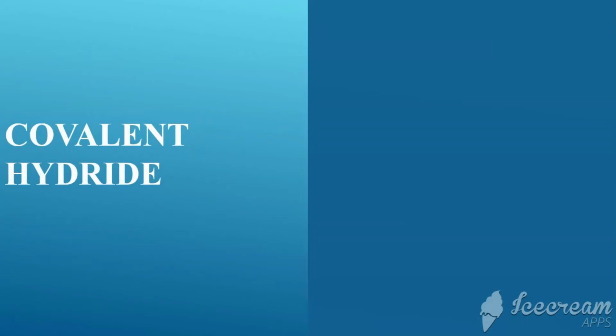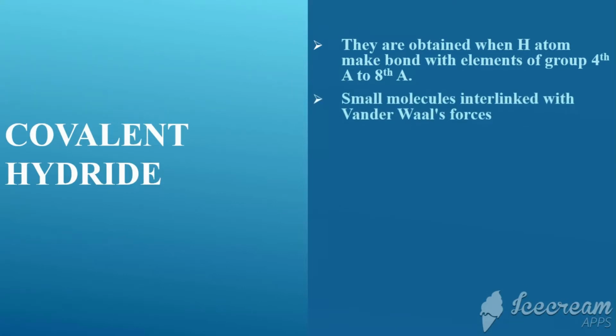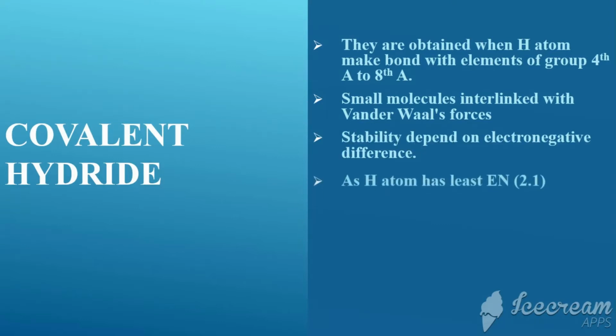What are covalent hydrides? Covalent hydrides are obtained when hydrogen makes covalent bonds with elements of group 4th to 7th A group. Small molecules are formed such as ammonia, and ammonia with another ammonia is interlinked by van der Waals forces, and van der Waals forces depend on size and polarity.